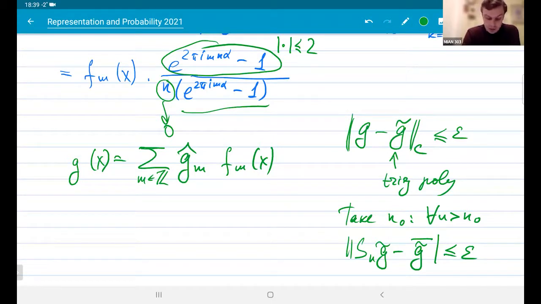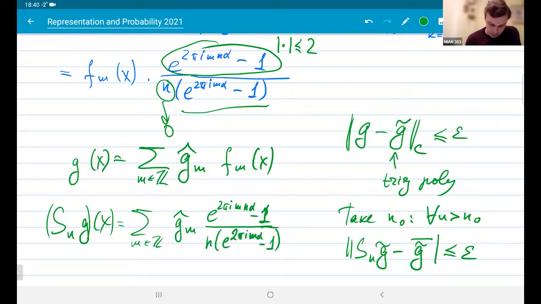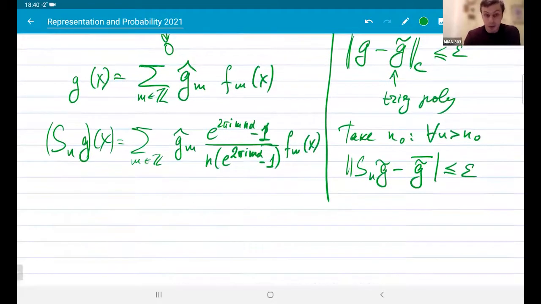Well, nevertheless, if you look a bit more carefully at this formula, you see the following. As I have said, g of x is just the sum of all these g_m f_m. So here is the Fourier series for the ergodic average. And as I have said, this is estimated by 2.